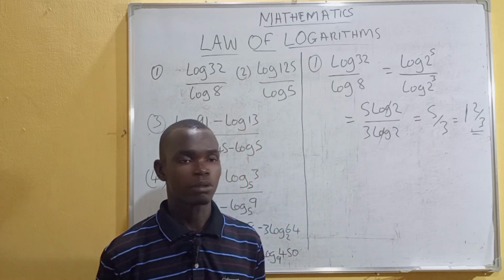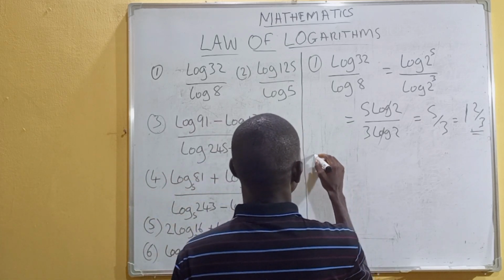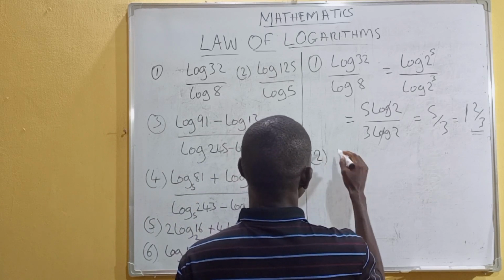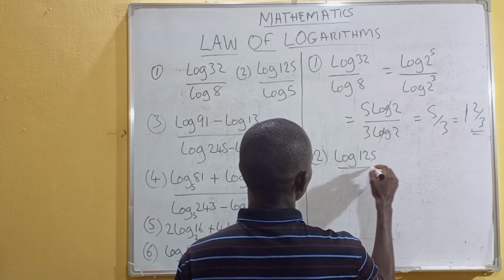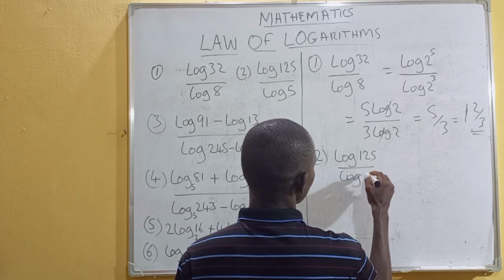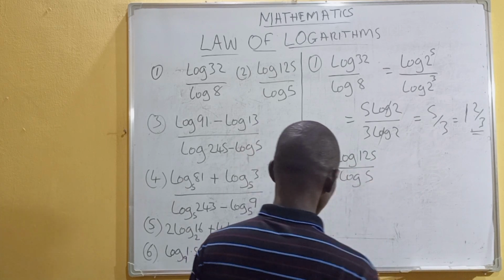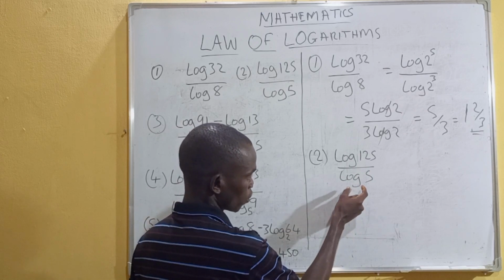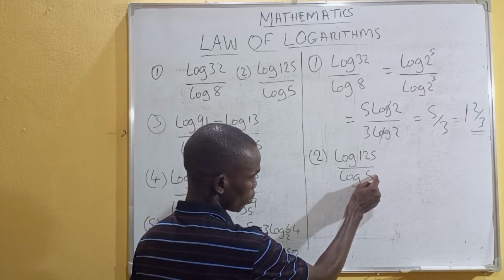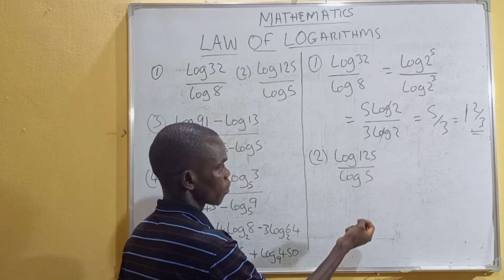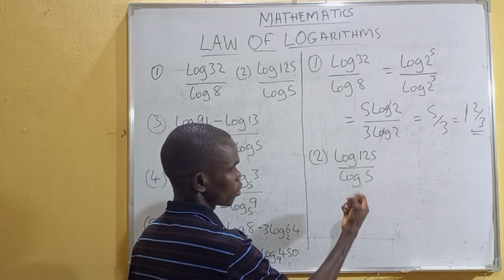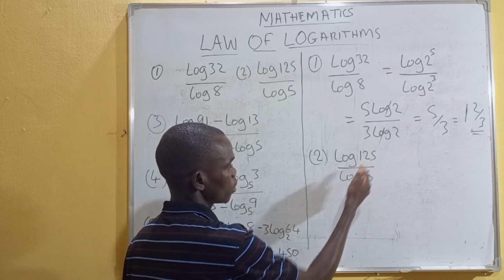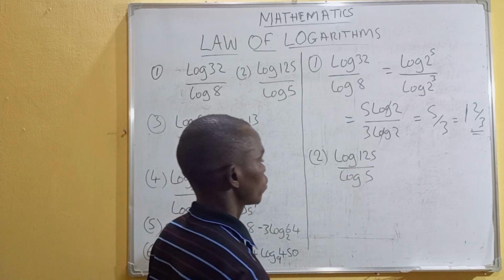Let's look at question 2. We have log 125 over log 5. From this question, we can also make the log numbers to be the same by making this 5 raised to the power 3, because 5 raised to the power 3 will give you 125.